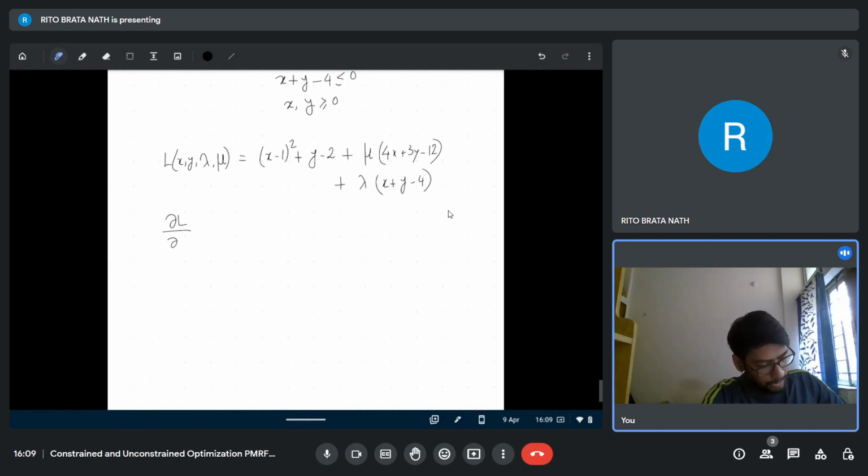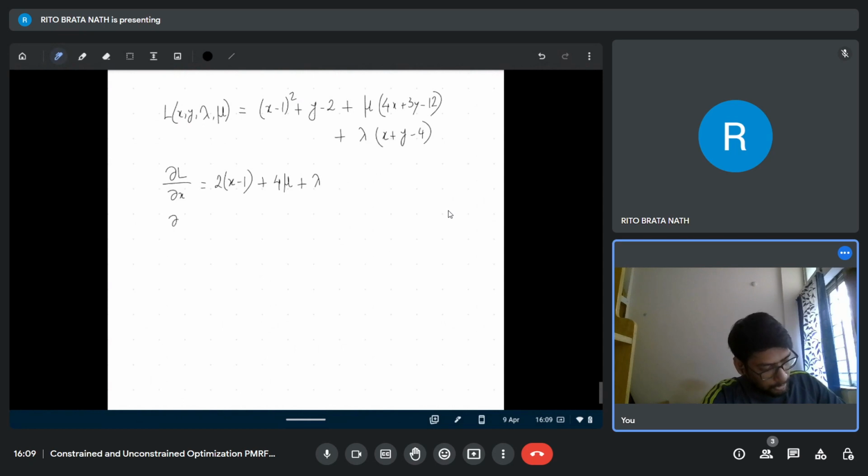So del L del x gives you 2x minus 1 plus 4 mu plus lambda. Del L del y gives you 1 plus 3 mu plus lambda.